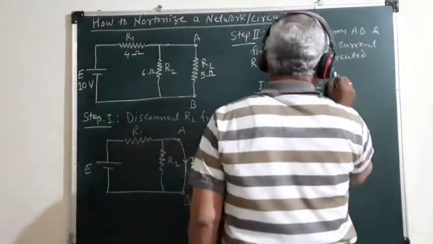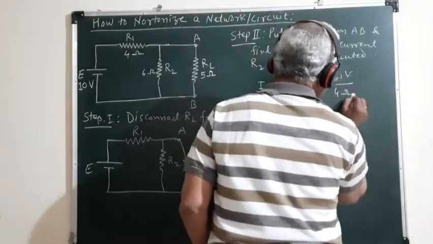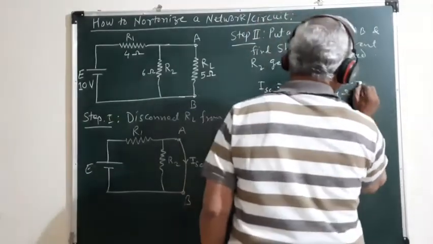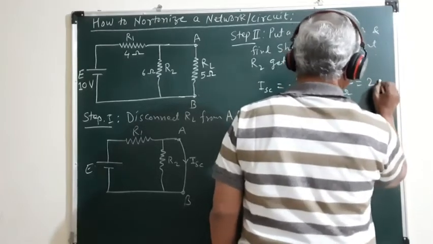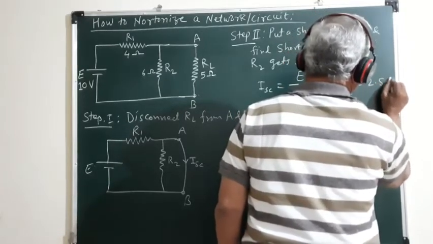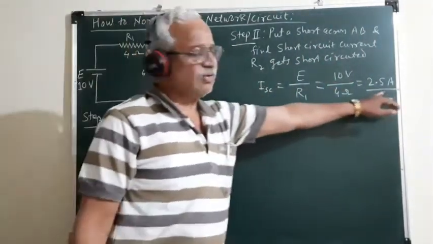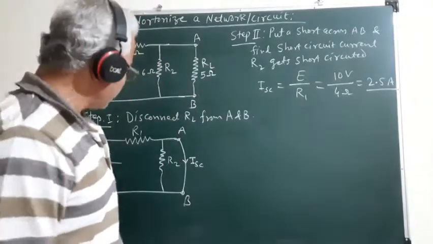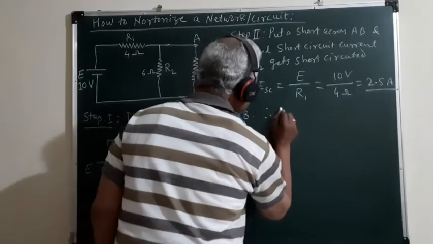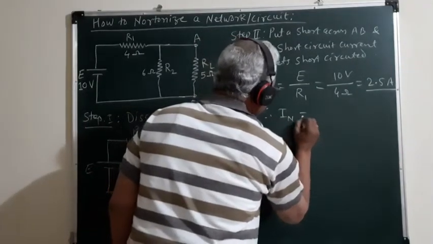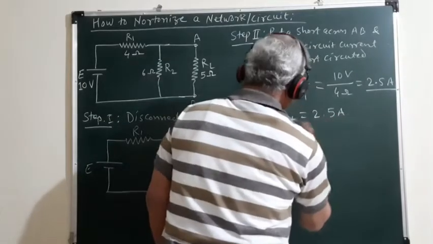E is 10 volt and R1 is 4 ohm, so the current works out to be 2.5 ampere, and this short circuit current is nothing but the Norton current IN. So IN is equal to 2.5 ampere.